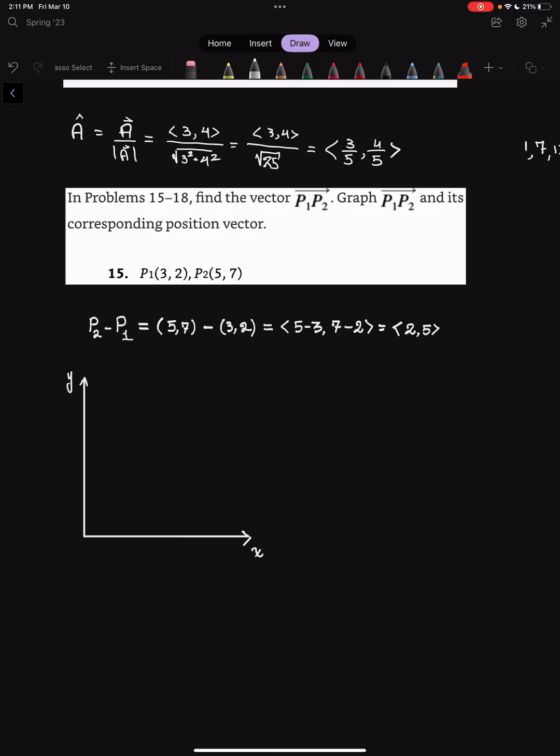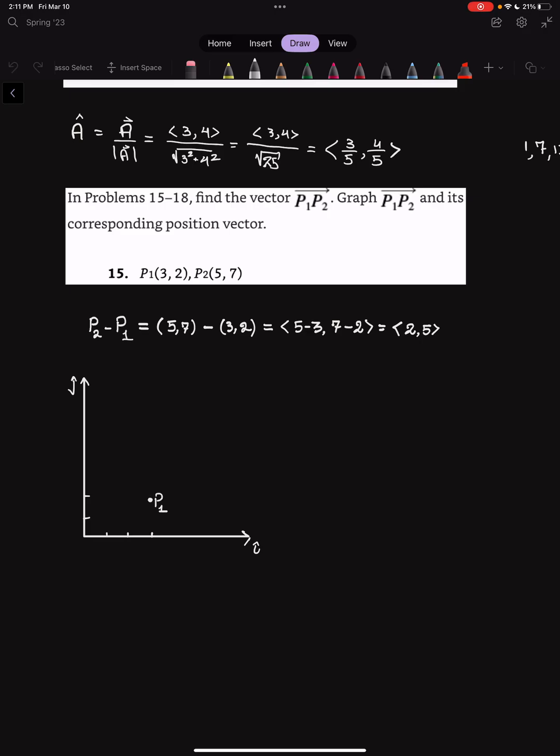Or actually, a better way, let's say this is our i-hat axis and this is our j-hat axis. If I were to plot P1, I'd plot it at 3 and 2. So I'd plot it here, P1.